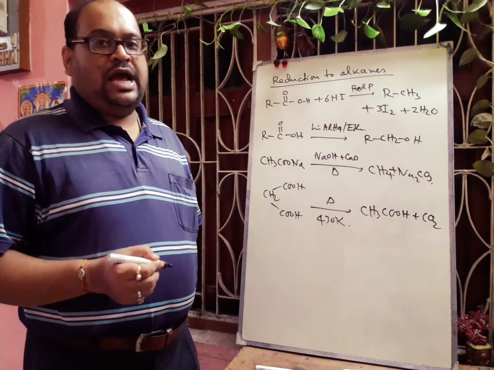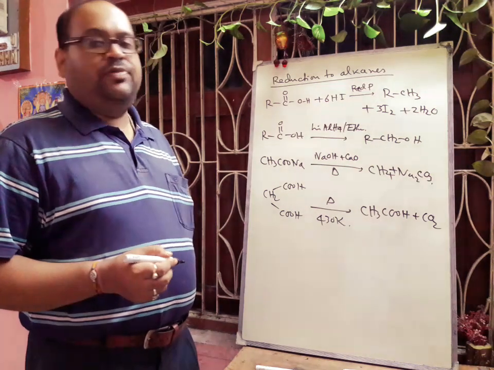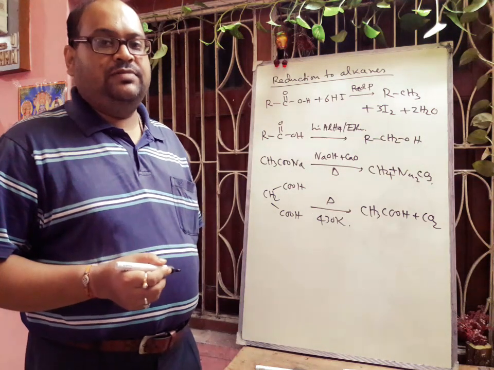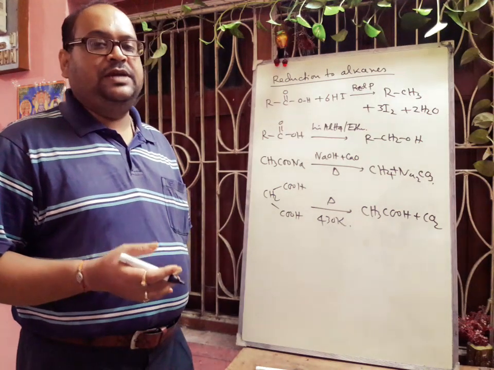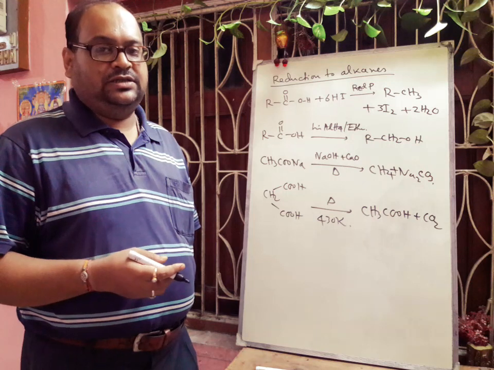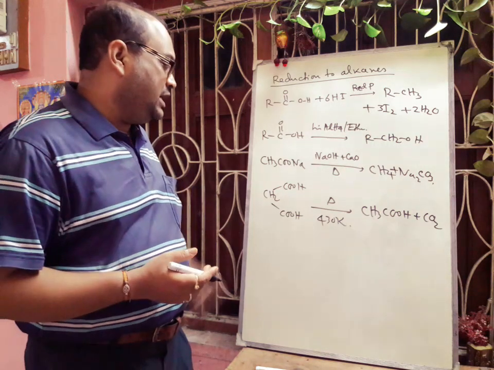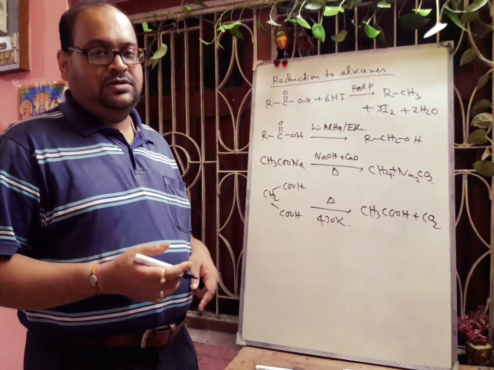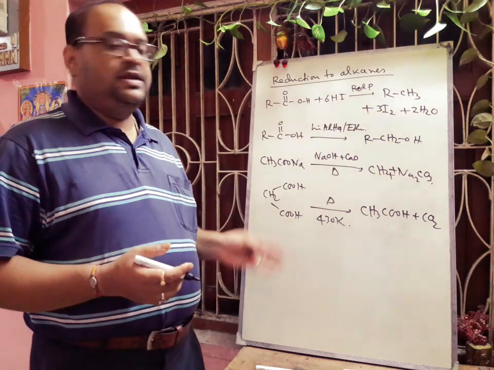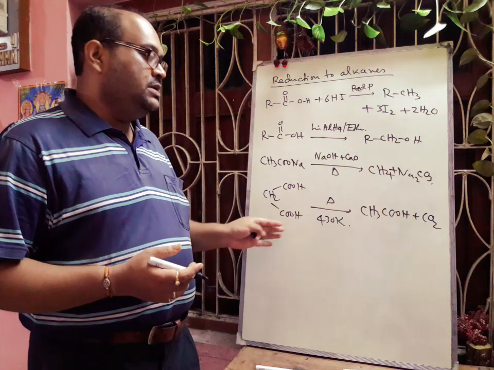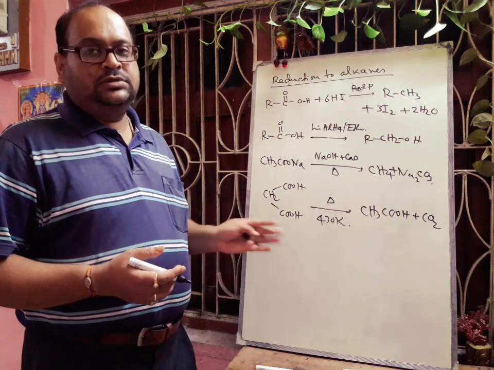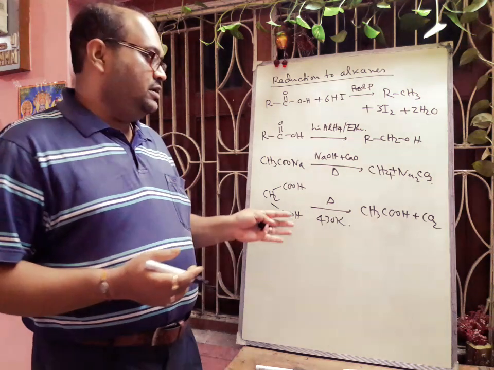Another important decarboxylation of carboxylic acid is when a keto group is present at the beta position, that is beta keto acid. Beta keto acids are thermally not stable. So if you apply heat, definitely there will be elimination of carbon dioxide and we will get a different product.